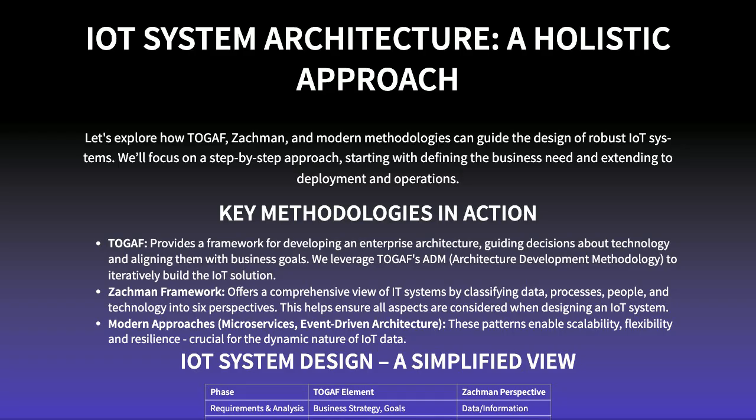The Zachman framework helps us consider aspects like data, processes, people, and technology to avoid overlooking critical details. And we'll leverage modern patterns like microservices and event-driven architectures to make our IoT systems scalable, flexible, and resilient because, let's face it, IoT devices are constantly generating a huge amount of data that needs to be handled effectively.